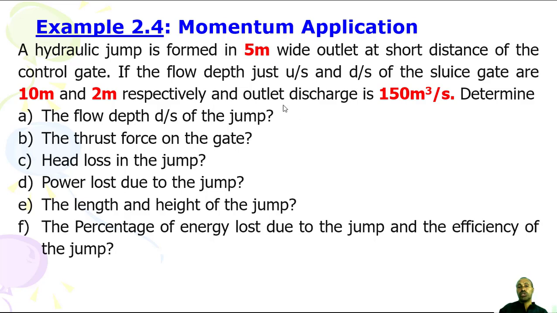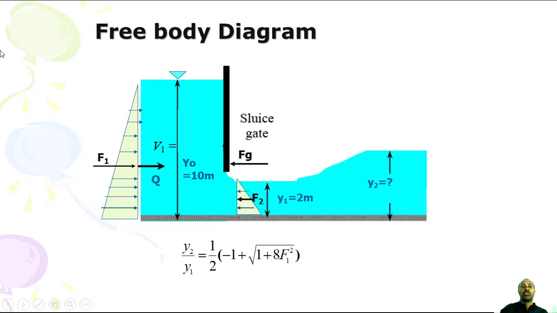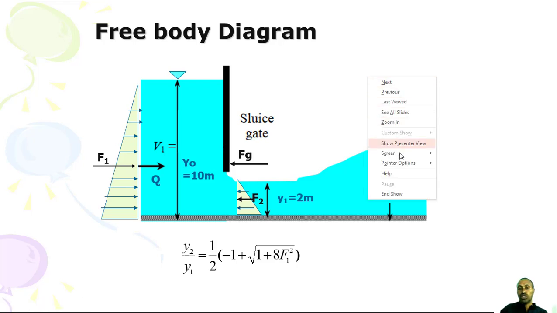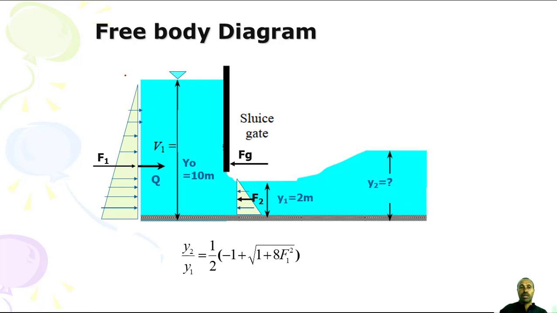First, we are given the width of the channel, which is 5 meter, and you have the upstream and downstream water depths given, and the outlet discharge is also given. So what will be the flow depth downstream of the jump? This is the free body diagram, according to the given parameters.